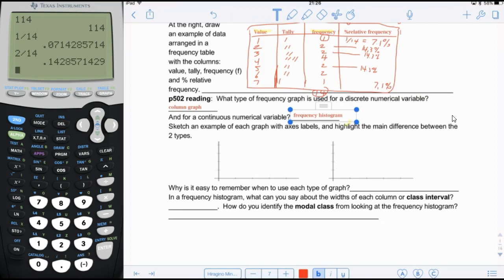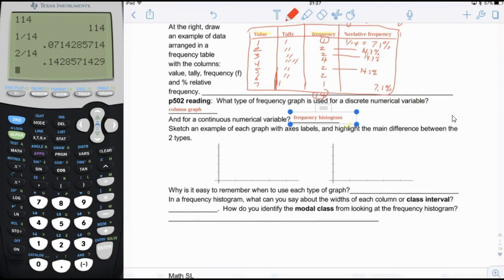And the difference between a column graph and a frequency histogram is kind of what you would imagine. If you were going to graph a frequency graph for whole numbers and you were going to graph it for decimal numbers, it's a little bit different, right? So for a column graph, let's say you're graphing the IB scores.